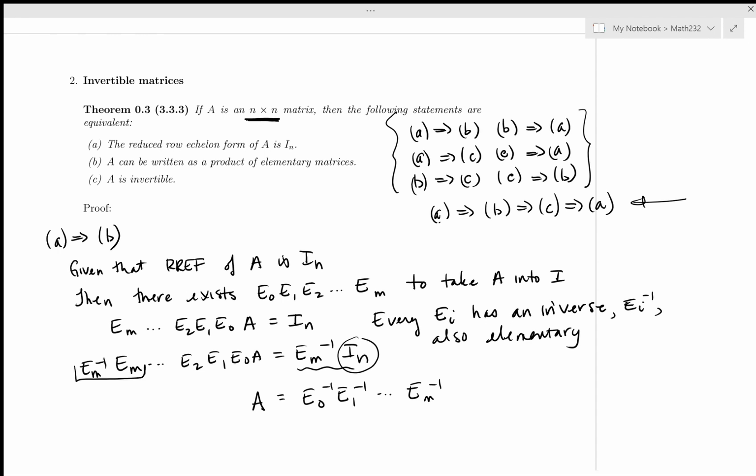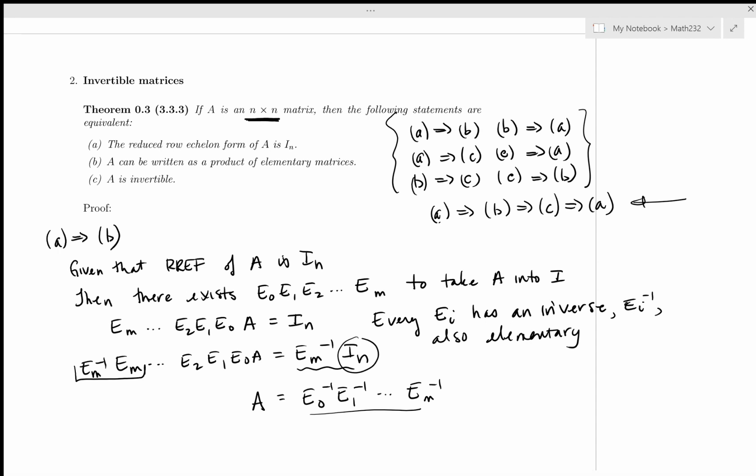I started with the fact that the reduced row echelon form of A was the identity matrix, and then I showed that A can be written as a product of elementary matrices. These are all elementary matrices.